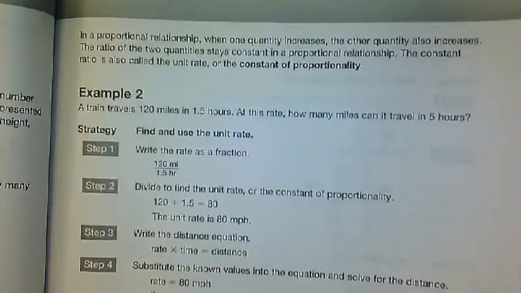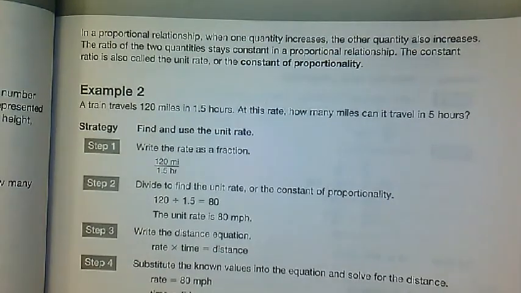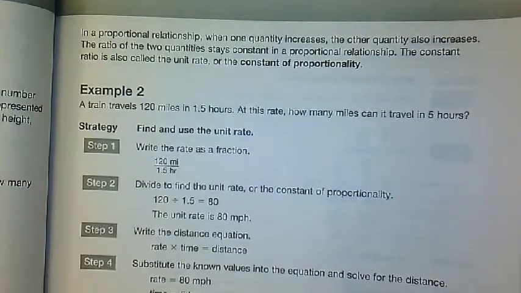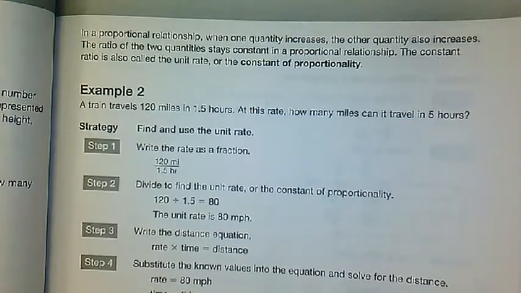Okay, the next thing we're going to talk about is that in a proportional relationship, when one quantity increases, the other increases. So obviously, if one decreases, the other should also decrease. So the ratio of two quantities stays constant in a proportional relationship. And what we call this constant is the constant of proportionality.